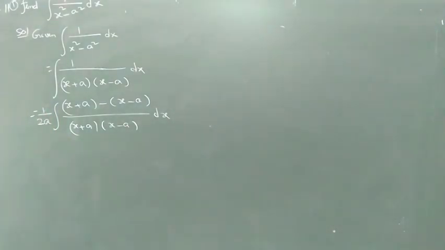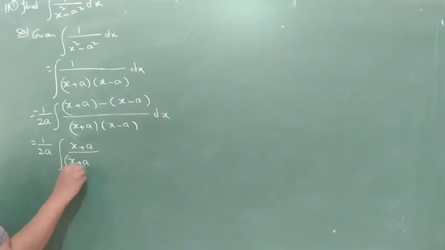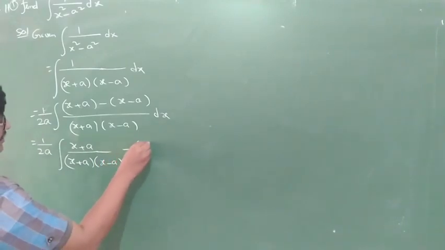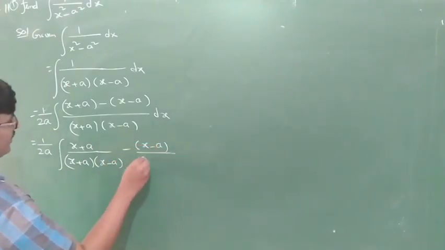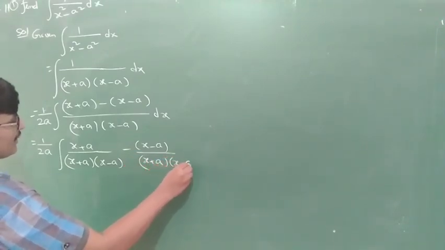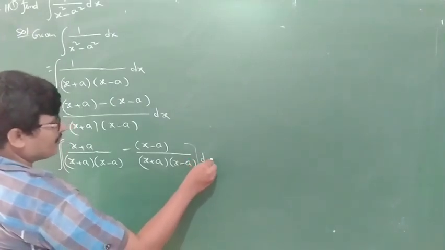Okay, this is x plus a minus x minus a. Next, that is equal to 1 by 2a into integral of (x plus a by x plus a into x minus a) minus (x minus a by x plus a into x minus a) dx.